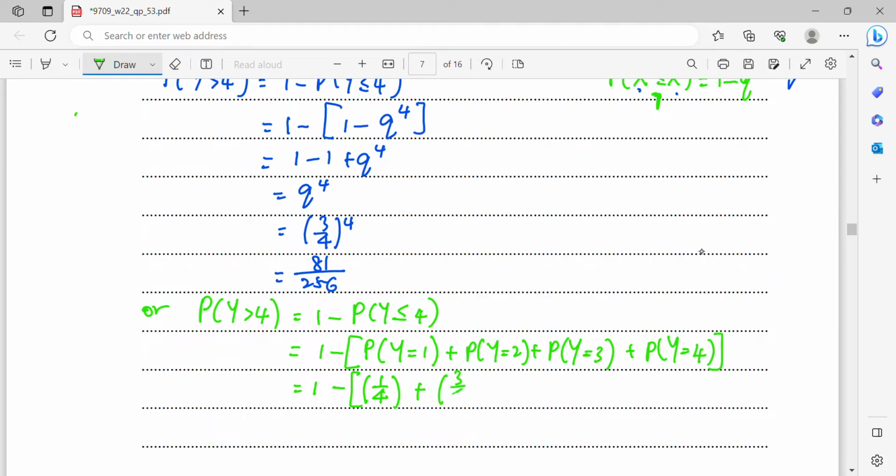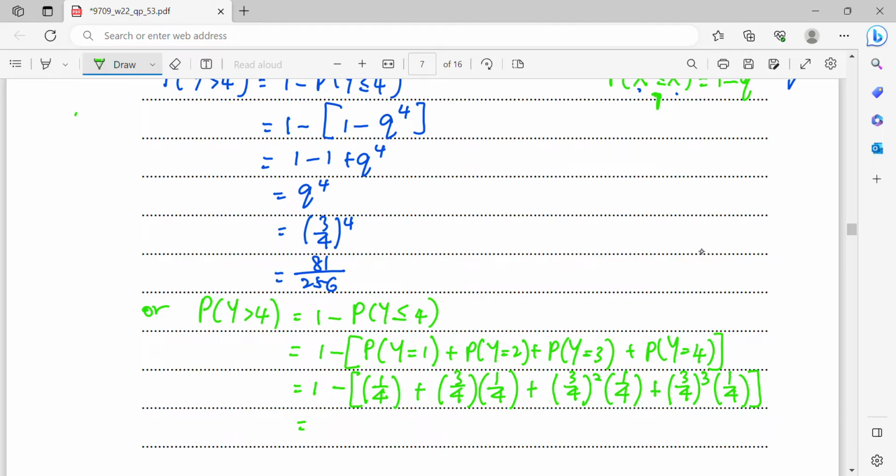So failure is 3 over 4, followed by the first success, 1 over 4. When Y=3, the first two times are failures. So (3 over 4) squared, and then 1 over 4 for the success. Plus Y=4 means that the first 3 times are failures. So (3 over 4) to the power 3, then 1 over 4.